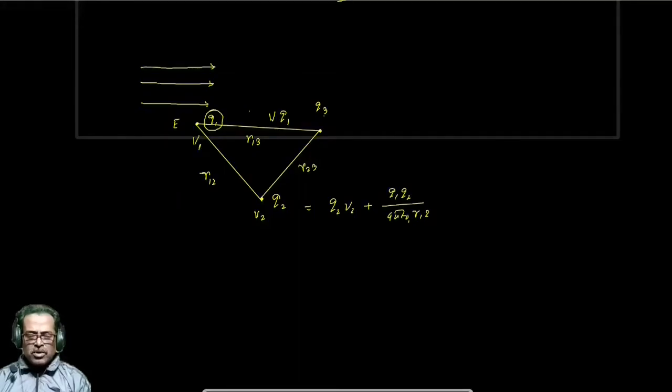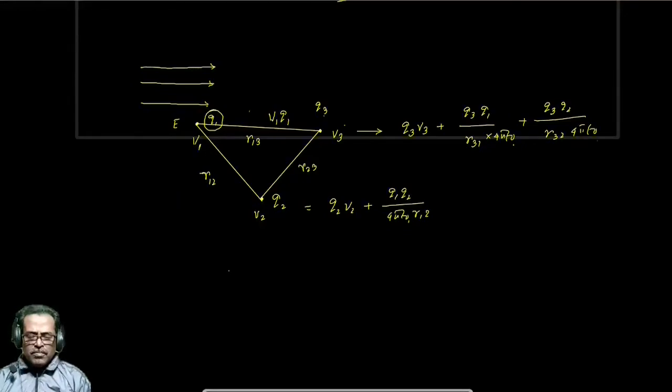Therefore, the total work to be done is Q3 into V3 plus Q3 Q1 by R31 into 4 pi epsilon 0 plus Q3 Q2 divided by R32 into 4 pi epsilon 0.